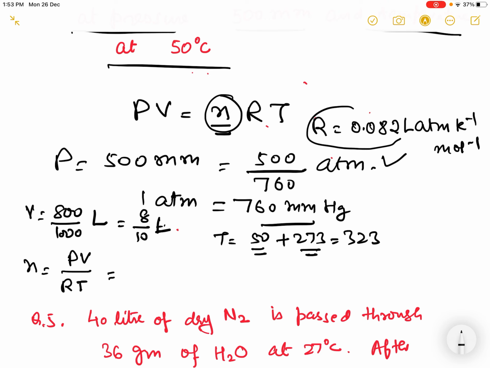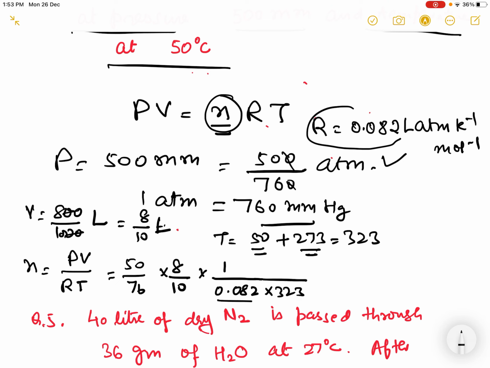Then P is equal to 500 divided by 760 and V is equal to 8 by 10, divided by 0.082 into 323.